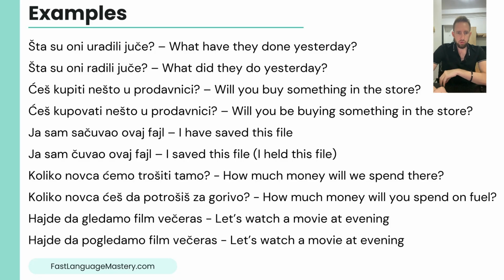Then, ćeš kupiti nešto u prodavnici? Will you buy something in the store? Ćeš kupovati nešto u prodavnici? Will you be buying something in the store? So in the first example, ćeš kupiti nešto u prodavnici, we ask about buying something with a result, a finished action.